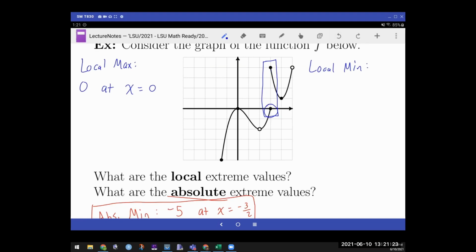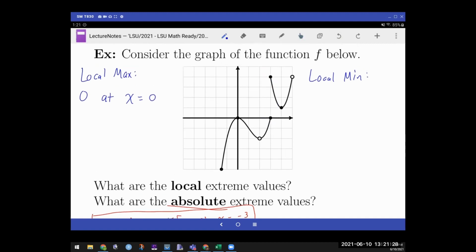I'm realizing there's a problem with this graph, by the way, because this is supposed to be the graph of a function, and it's definitely not, because we have two y values, y is 0 and y is 4, for a single x value, 3. So that's throwing me off a little bit.